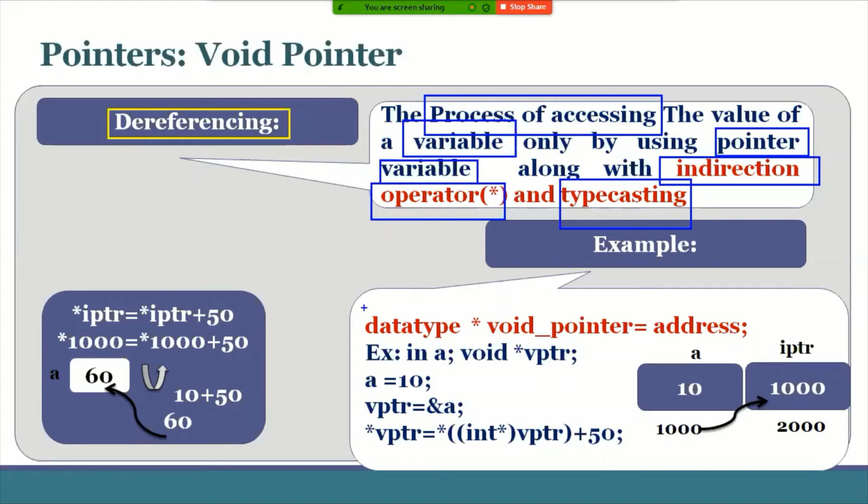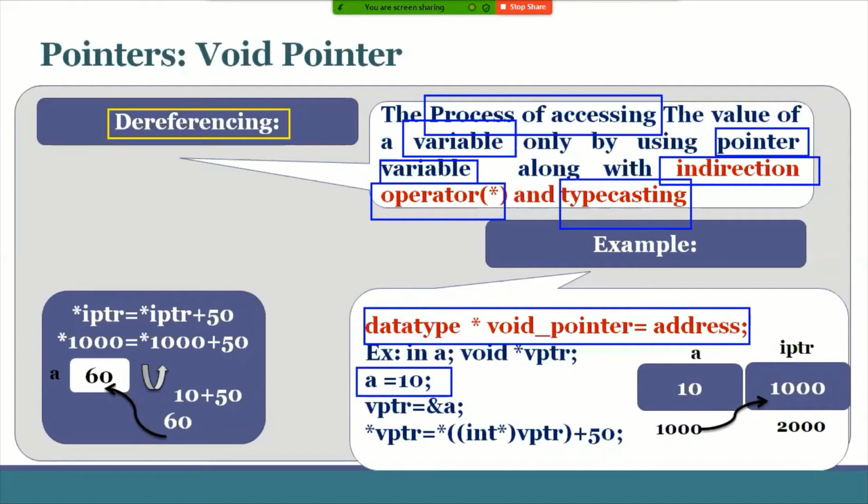Let us consider this example. Here a void pointer is initialized with any type of variable's address. Then an integer variable is declared, the compiler allocates memory, and that value is stored in the variable a, and VPTR is initialized with the address of a. The compiler allocates memory, and the address of that variable a is given to VPTR.